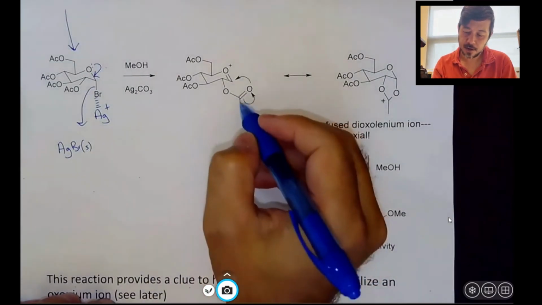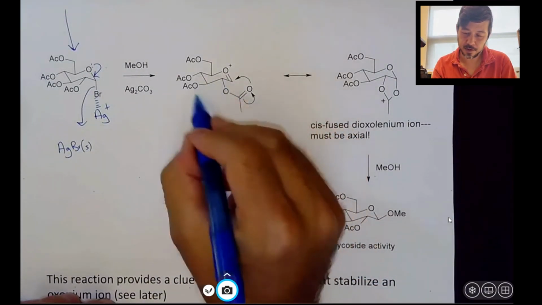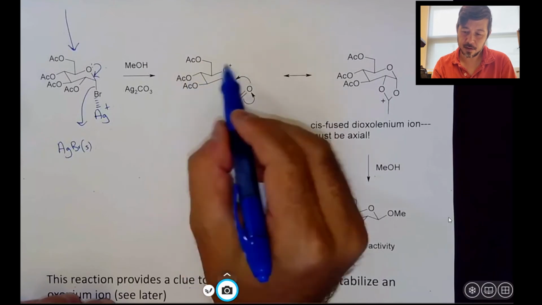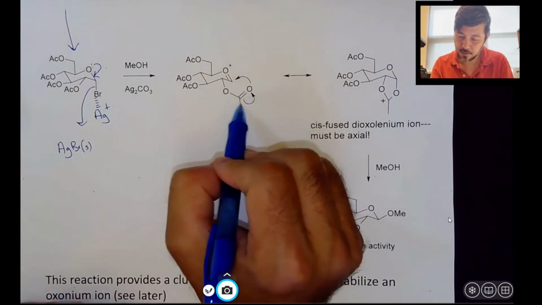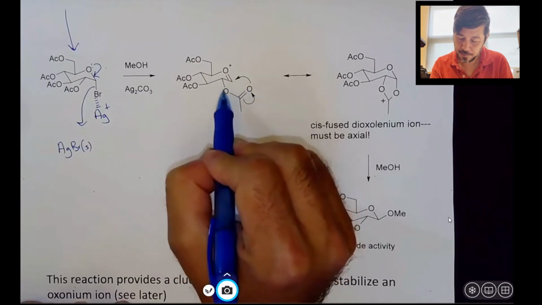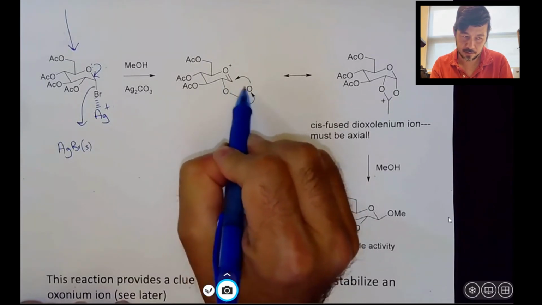Okay, so this will form, and what happens is that at this stage here, we now have this group here. Now you might say, okay, methanol could come and react. Certainly. Now, the acetyl group in this position, I've drawn it out, and it is actually a protecting group.